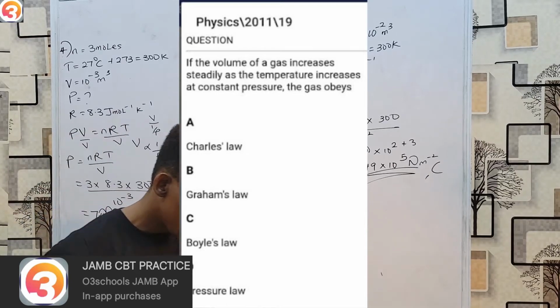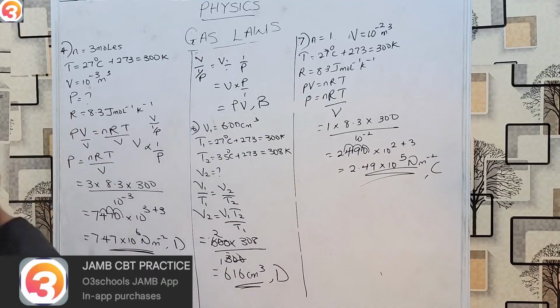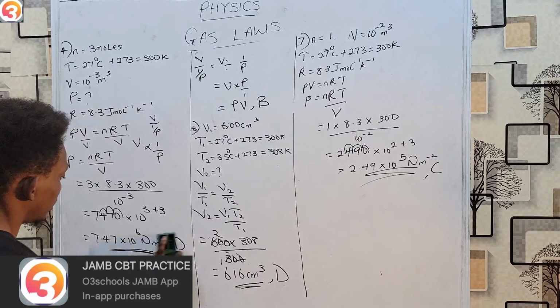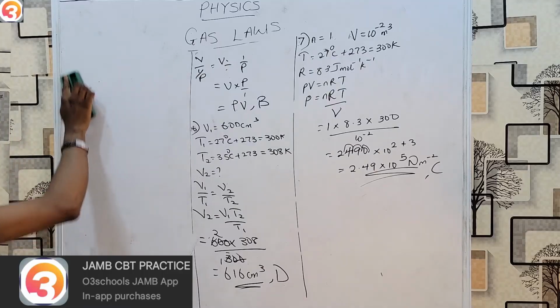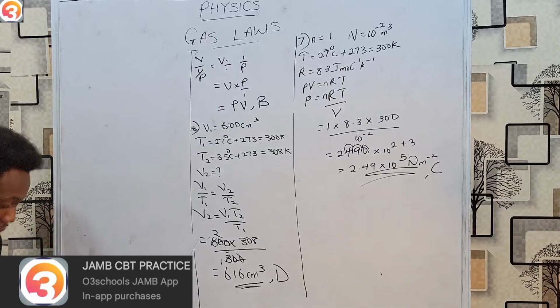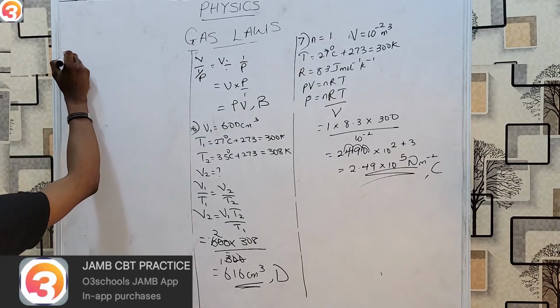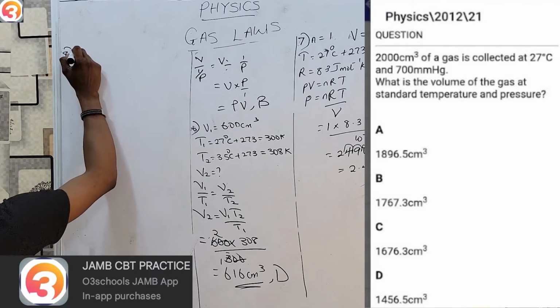Okay, see, there are many other questions. Let's just take 1 or 2 more, and we shall call it quits for gas laws, because I believe, as we've been seeing in the solving so far, we must understand the topic. Okay, this will be question number 8. And for this one, 2000 cm cube of a gas.